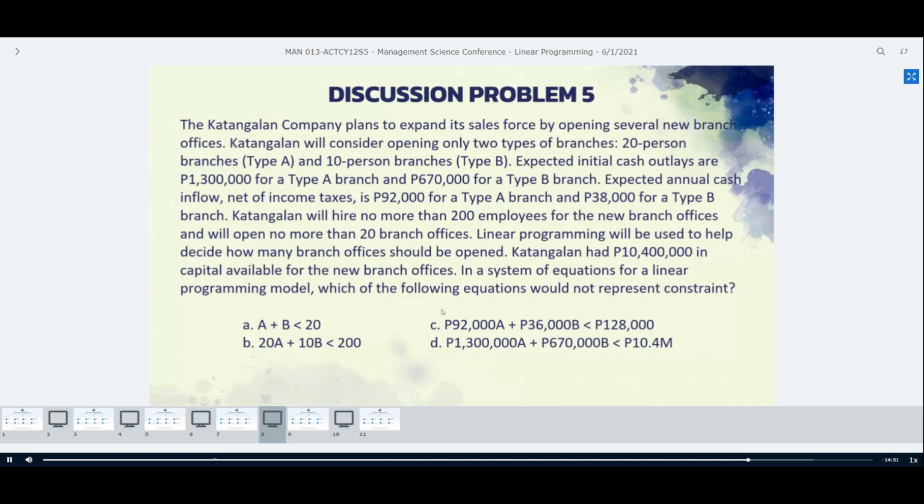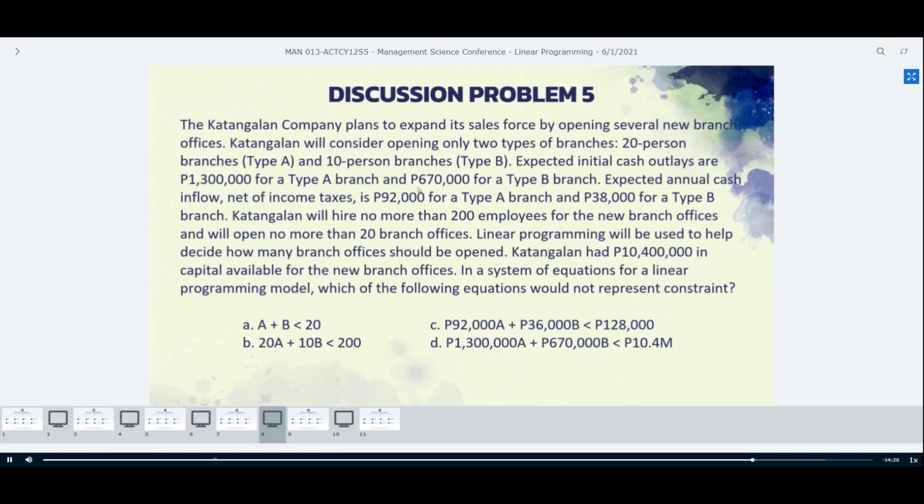Pag-usapan natin si letter C. Si letter C, ang pinag-uusapan is ano tong 128,000? Hindi. Ito yung total nung annual cash inflow. Annual cash inflow is 92 plus 38. 92 plus 38, 130.